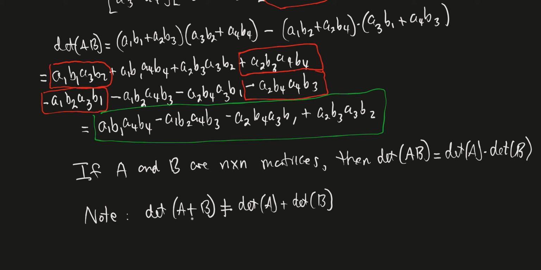So unfortunately, under matrix addition, the order does matter. If I add the matrices first and then compute the determinant, I will not, in general, get the same result as computing the determinants first and then adding them together.